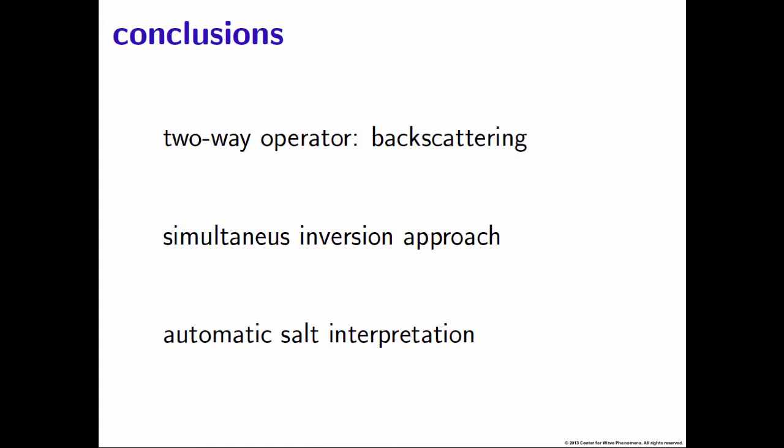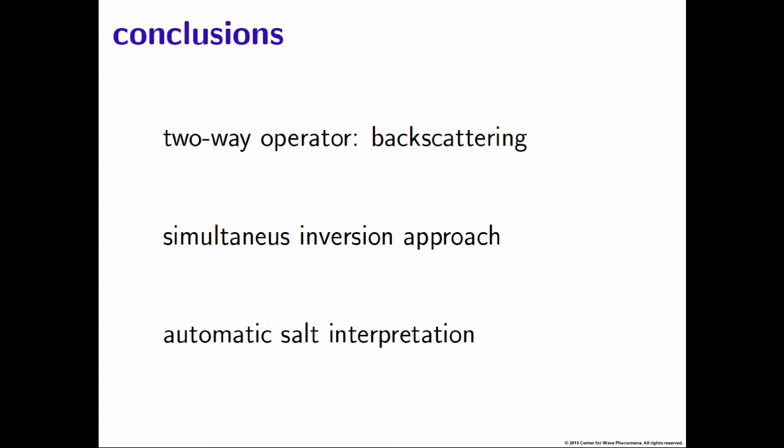So, in conclusion, I would like to make the point that the two-way operator introduces backscattering. So we could further refine the velocity model, the top of salt, and the sediments using the sharp boundaries. We would obtain an optimized sediment velocity.